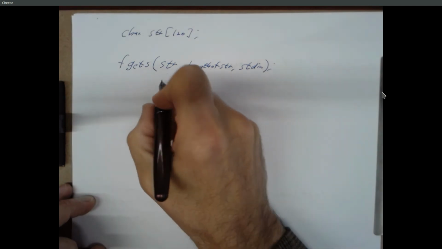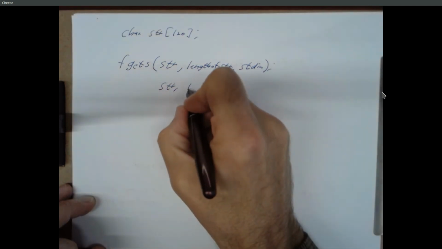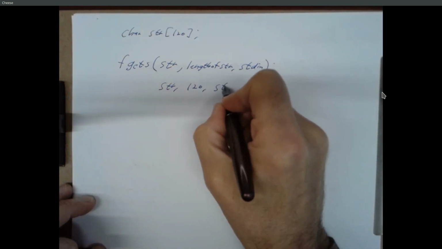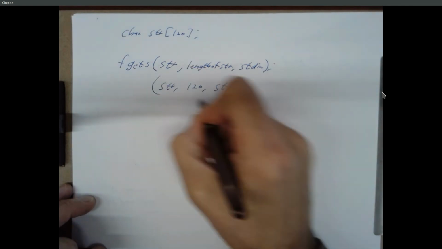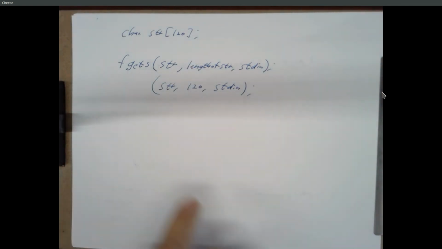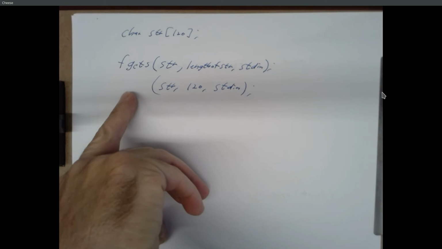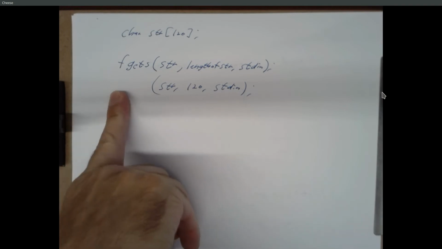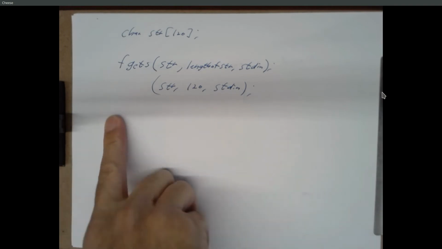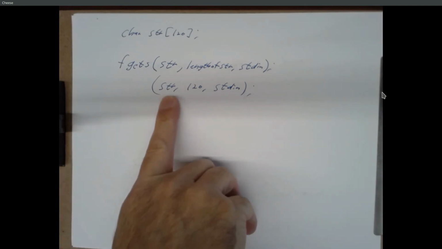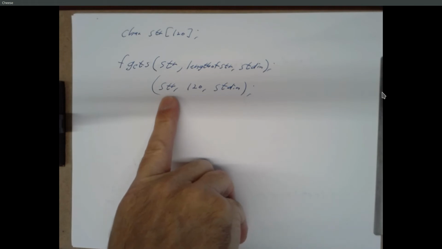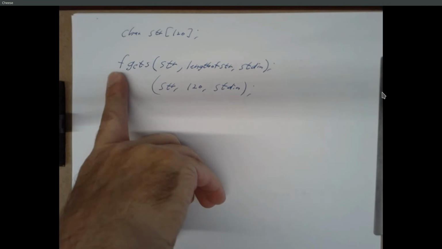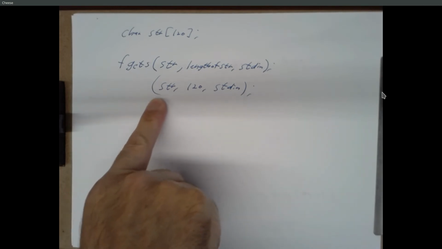So fgets, we would say str comma 120 comma standard in. And this will say stop running the program, wait for the user to type something in, followed by the enter key. When they hit the enter key, up to 119 characters that they've typed will get stored in this string. It'll be null terminated, and fgets will return, it actually returns the address of this string.